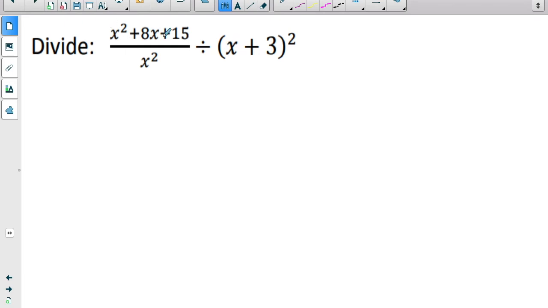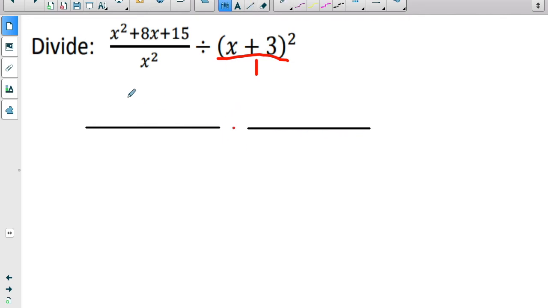Okay, let's look at this one. When we look at this problem, we're still dealing with division. Even though this x plus 3 squared doesn't have a denominator, it still does, it's just 1. So the first thing we want to do is rewrite this as multiplication.